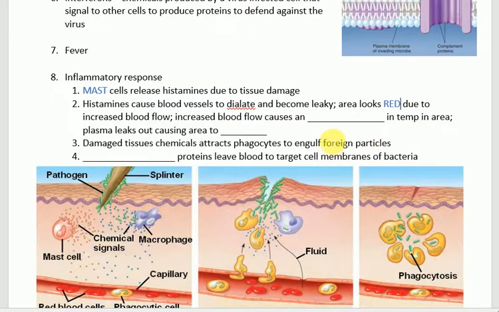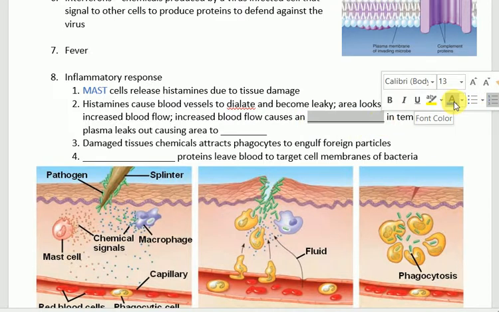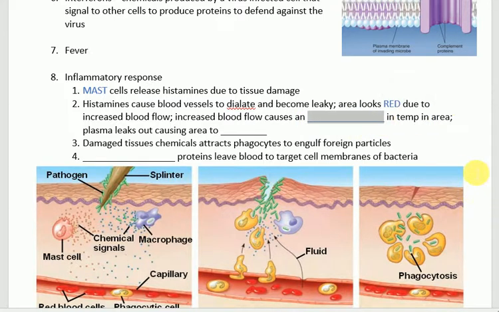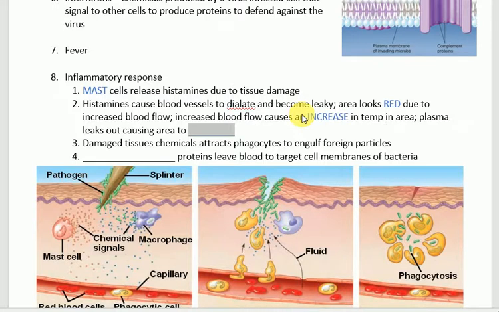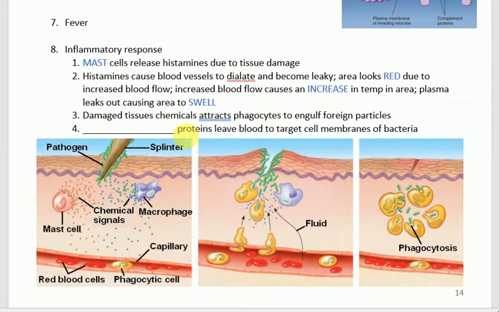So this is, for instance, if you have even allergies, if you have a runny nose, things like that. But that increased blood flow causes an increase in temperature in the area. And then the plasma around the area leaks out, causing it to swell. And then that damaged tissue, the chemicals released attract the phagocytes to engulf that foreign particle.